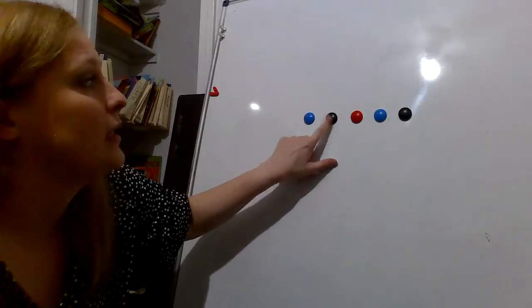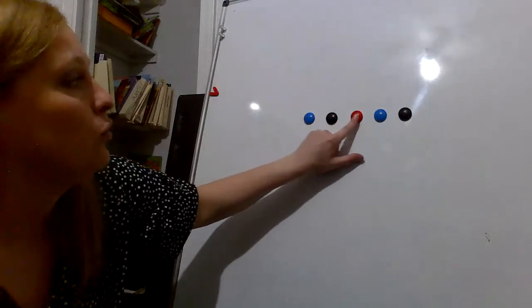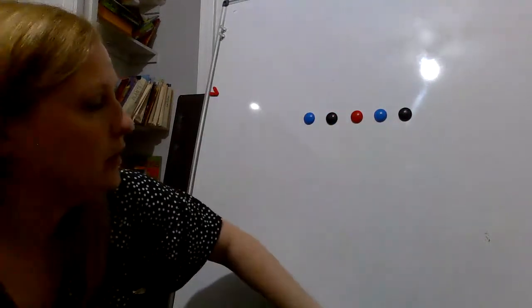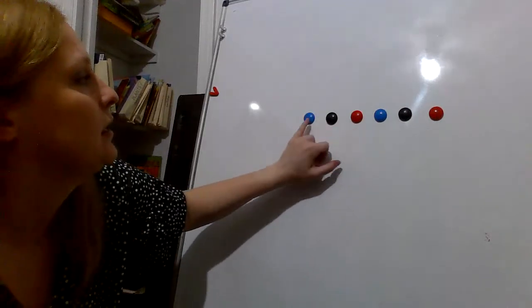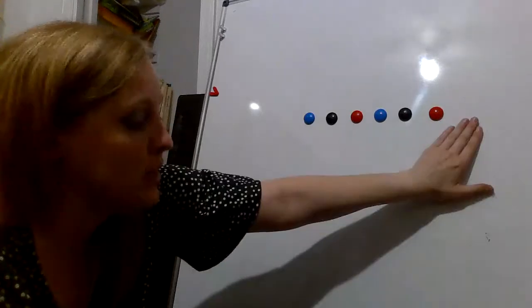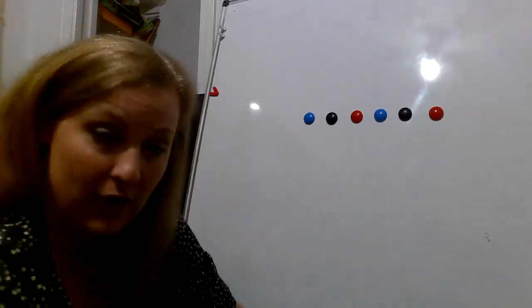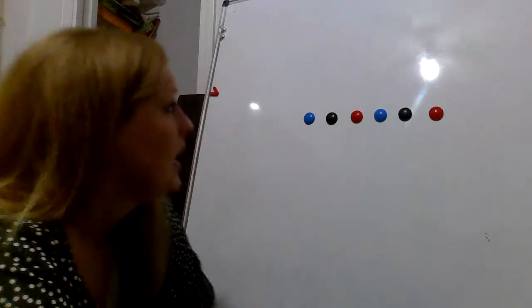Do you see blue, black anywhere? Blue, black. There it is right there. So blue, black, red, blue, black, red. It's an A, B, C pattern. A, B, C, A, B, C. Next would be blue, black, red. Every single time. It's got to be the same. Okay? So those are those patterns.